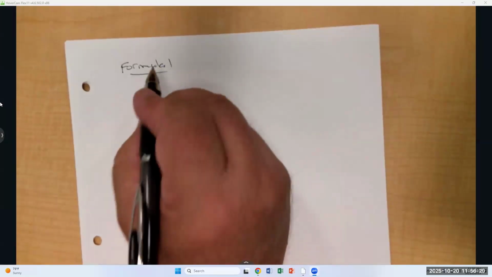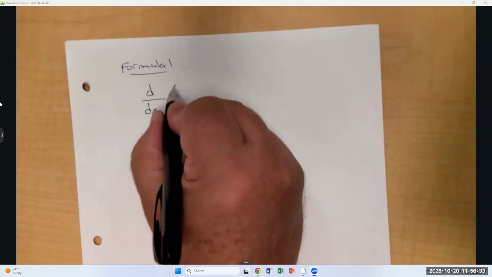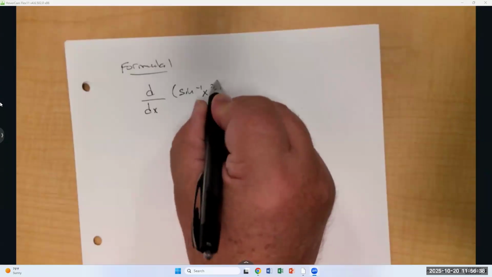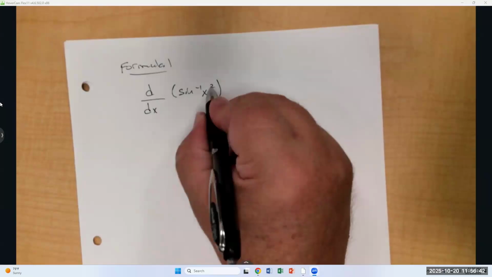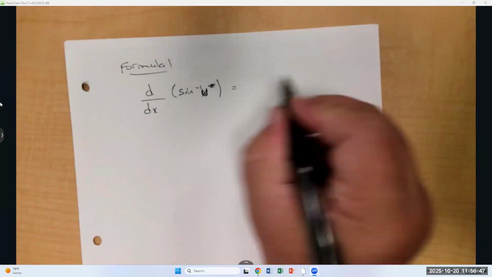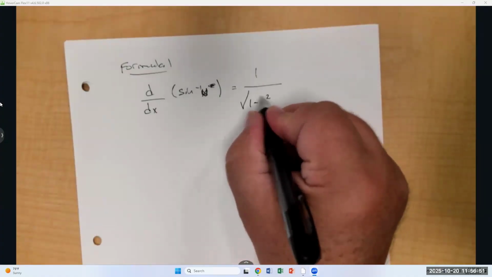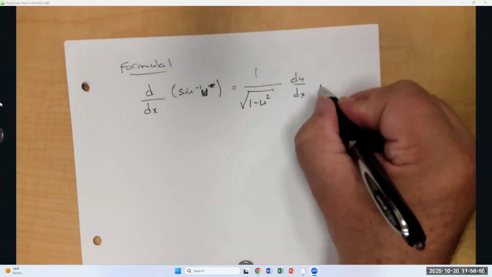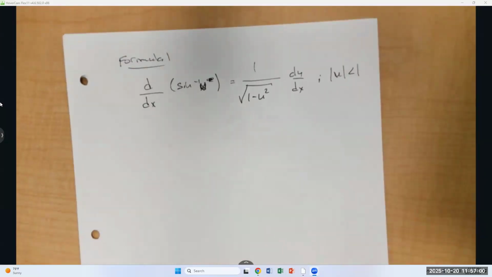Which gives us our Formula 1. The derivative of the inverse sine function of x, or make it u, it could be anything we want it to be, is equal to 1 over the square root of 1 minus u squared times the derivative of u, where the absolute value of u has to be less than 1.